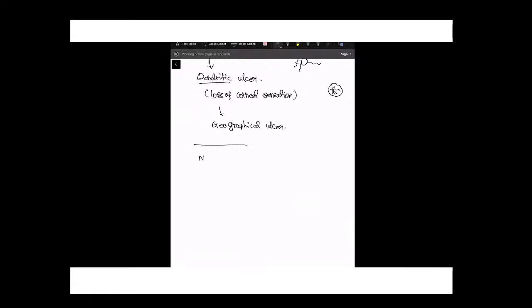Then we have neuroparalytic keratitis, seen in seventh cranial nerve palsy.